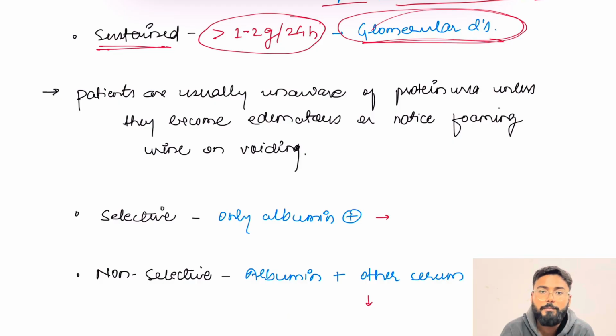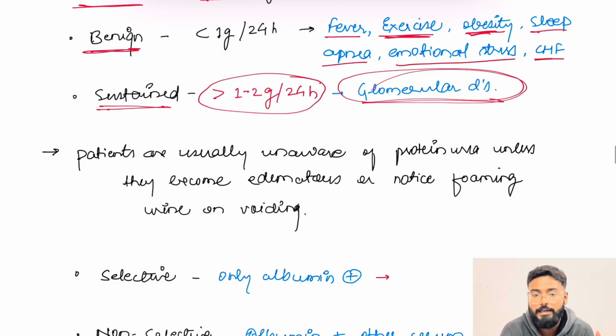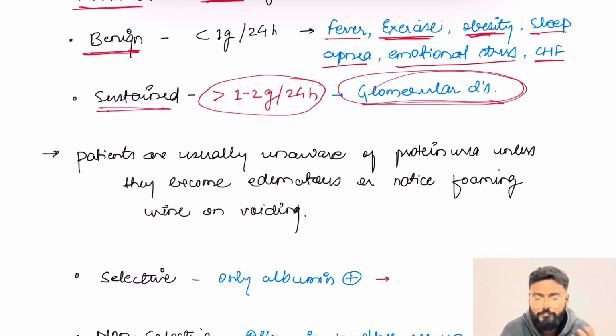Then they appreciate that there must be some kind of abnormality going on. Otherwise, minimal proteinuria is really hard for the patient to judge. When the proteinuria is benign or more than that, the patient can appreciate it.